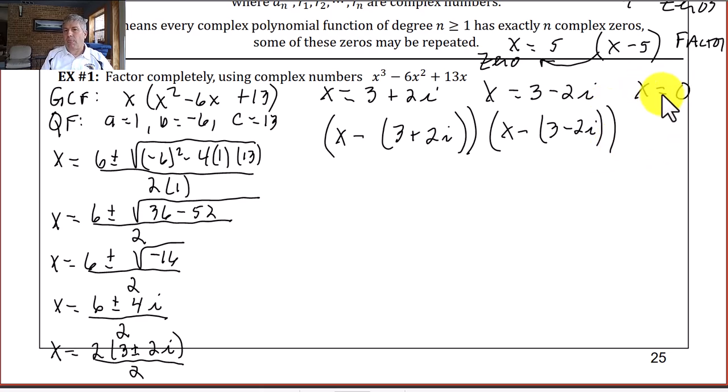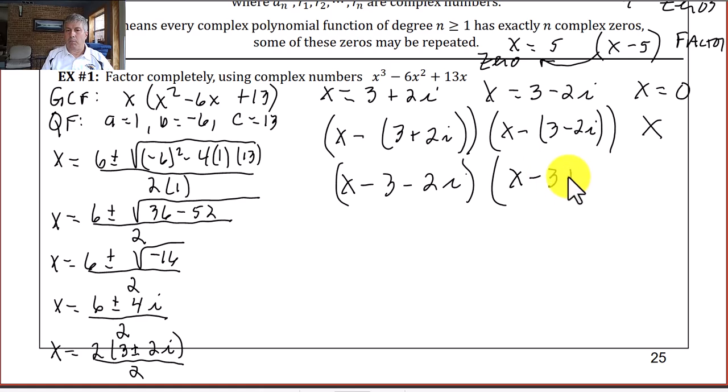And the factor of x equals 0, well, that just comes from x. So I distribute my negative here. So I have x minus 3 minus 2i is a factor. x minus 3 plus 2i is a factor.